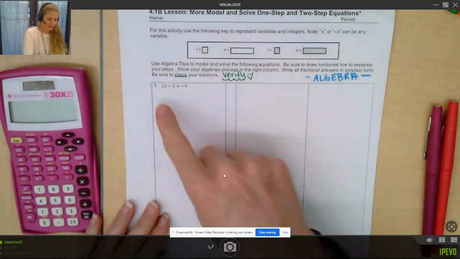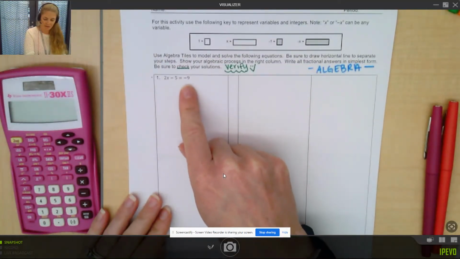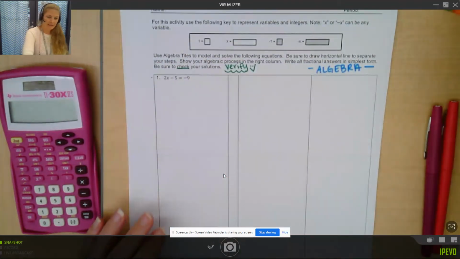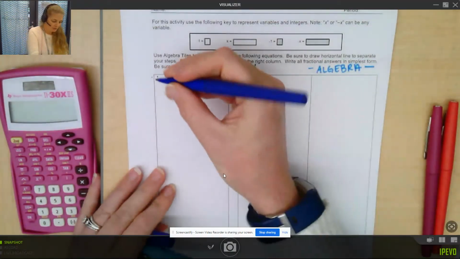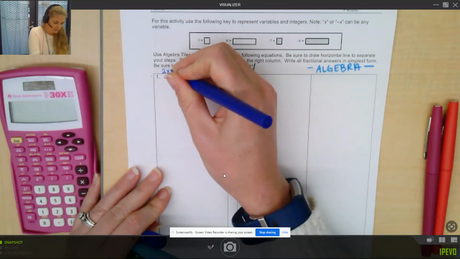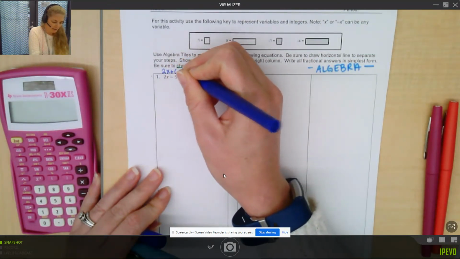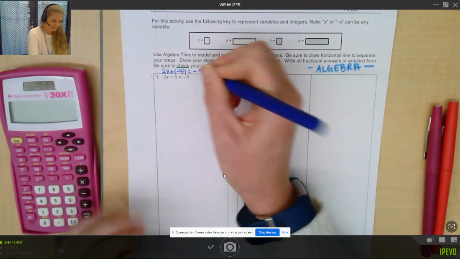Okay, so our first equation is 2x minus 5 equals -9. To make my modeling more efficient, I'm going to rewrite this as 2x plus -5 is equal to -9.